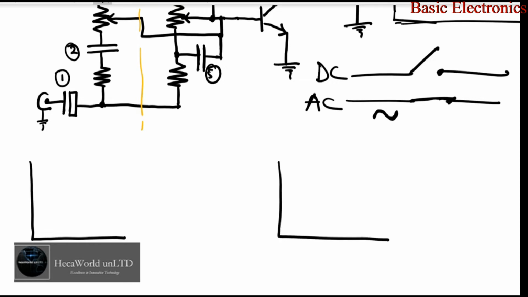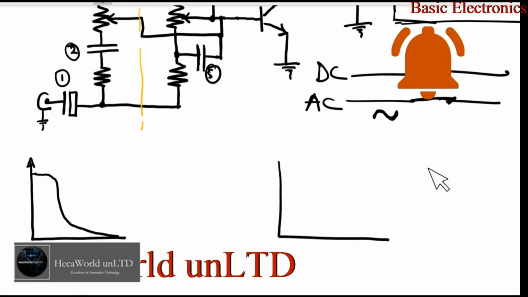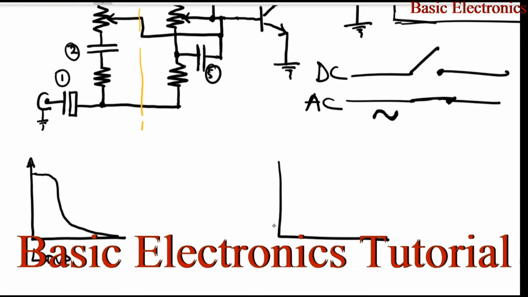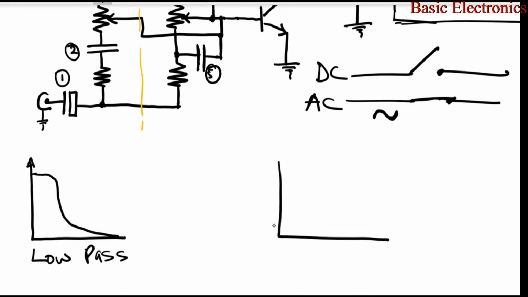So for a high pass filter, the waveform will look like this. And for a low pass, this is a low pass filter. And for a high pass, it's going to look like this, the high pass filter.